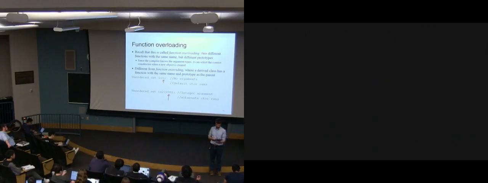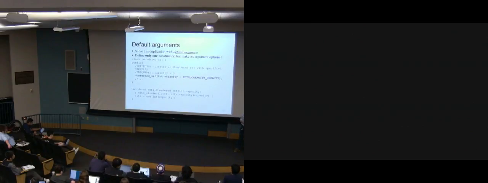These are really similar, though. See these two constructors? This one has no inputs. This one has an input. The only difference is the capacity. So this is kind of like copy-pasted code.